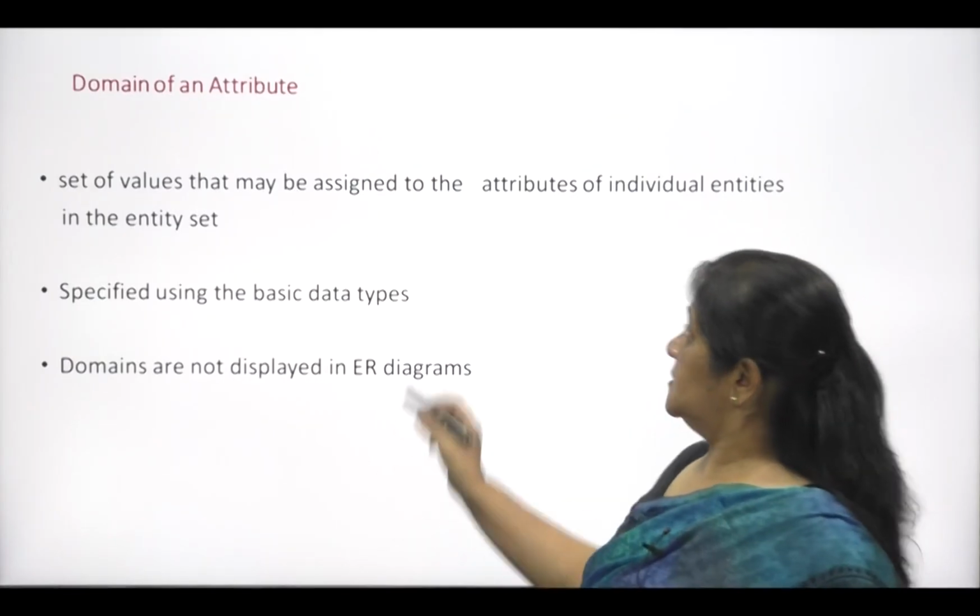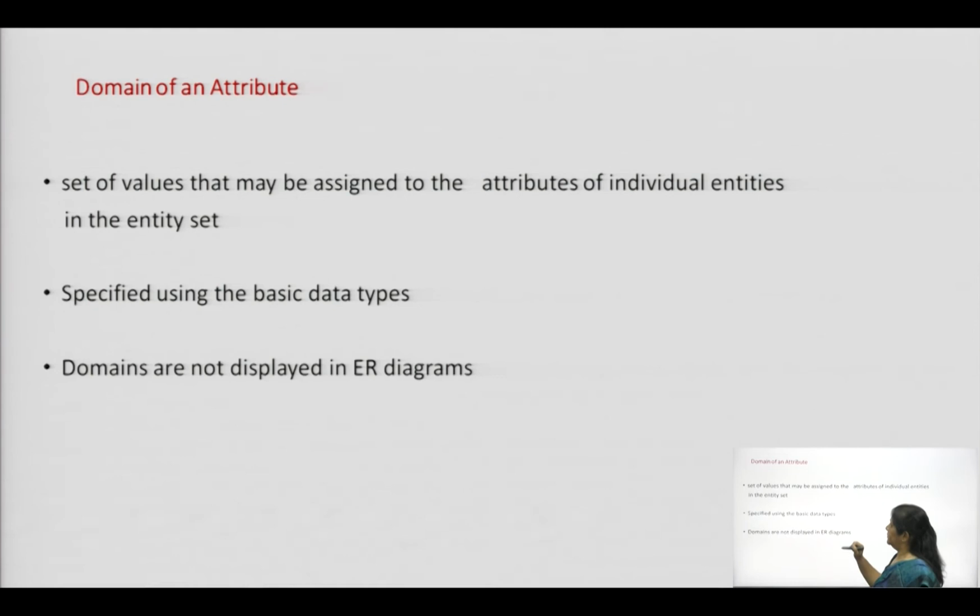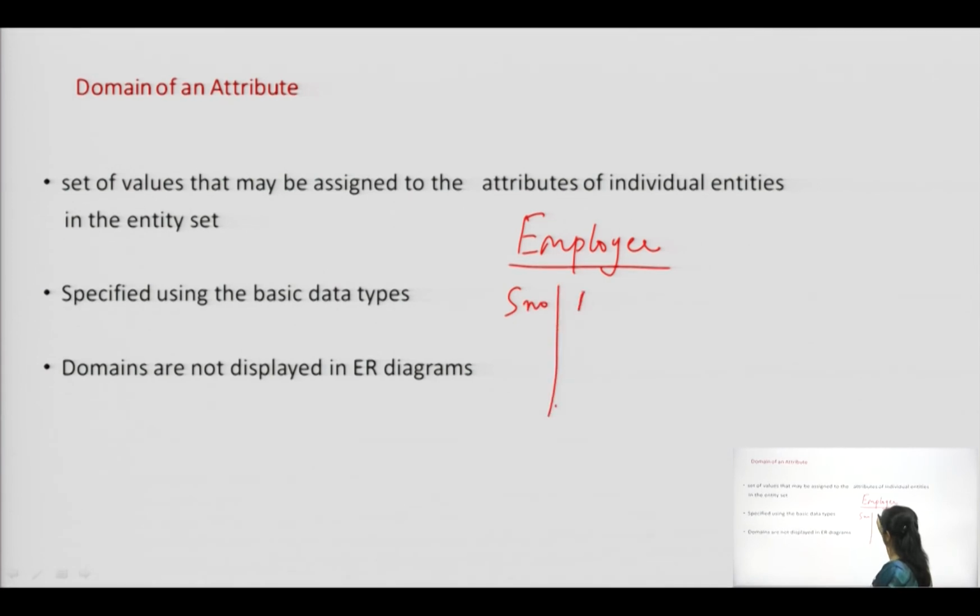Now, next is the domain of an attribute. The domain of an attribute is the set of values which will be assigned to the attributes of the entities in the entity set. That means, I have the entity employee, I have the attributes, let us say SNO and name.